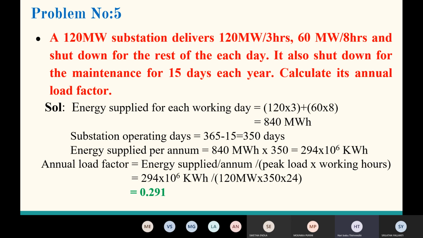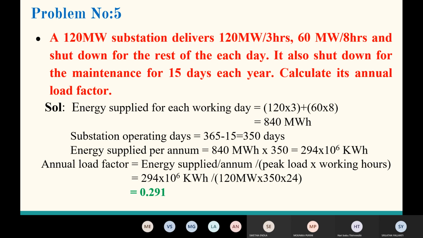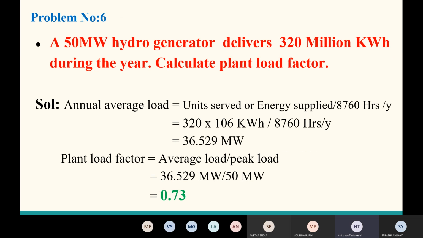Therefore, annual loss factor, approximate formula: annual loss factor equals 0.3 FLD plus 0.7 FLD square. So that is equal to 0.3 into 0.29 plus 0.7 into 0.29 square.